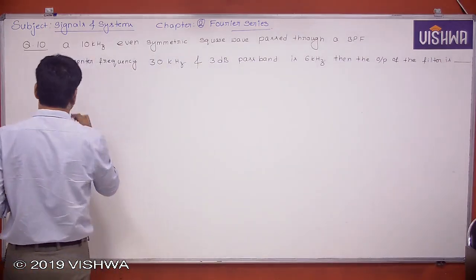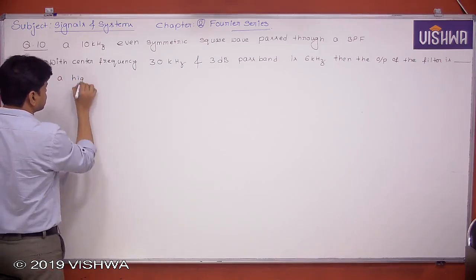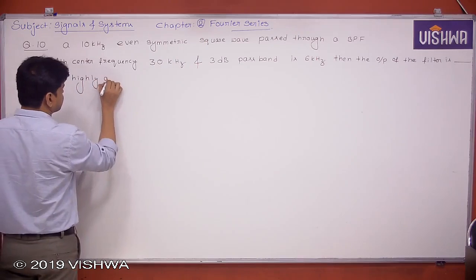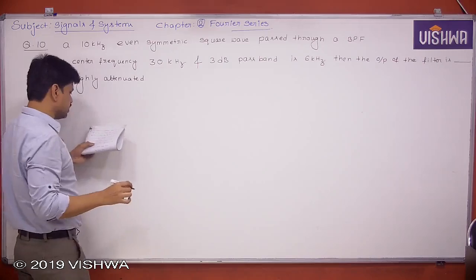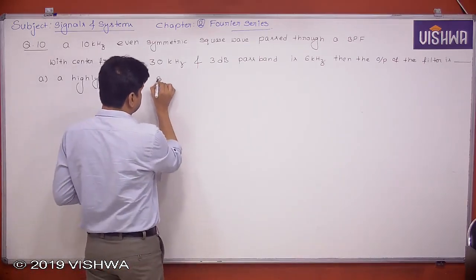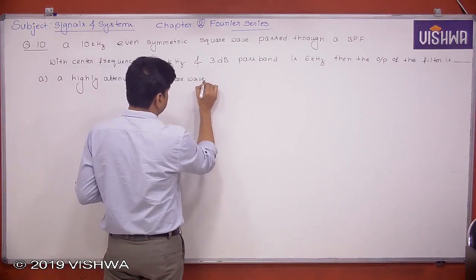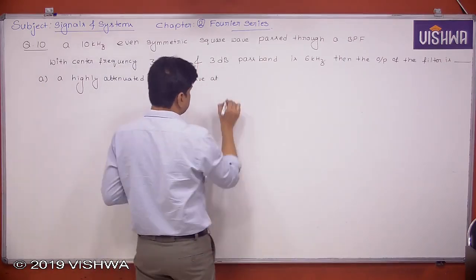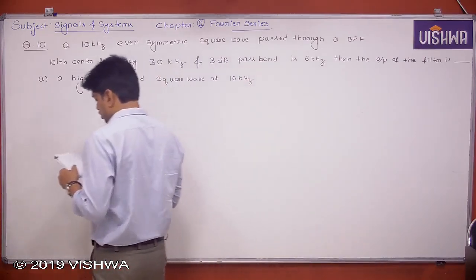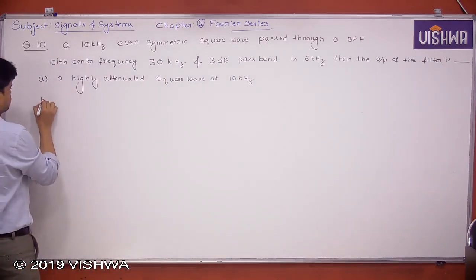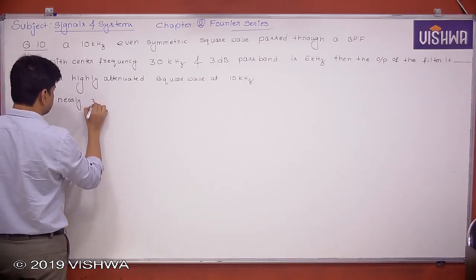Options. Option A, a highly attenuated square wave at 10 kilohertz. Option B, nearly zero.